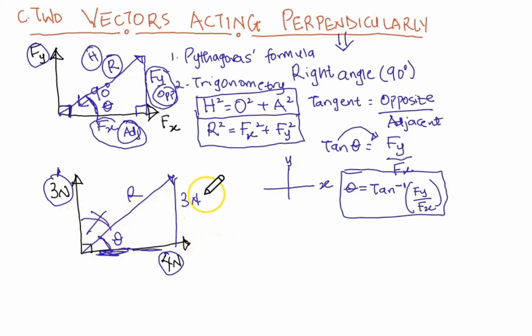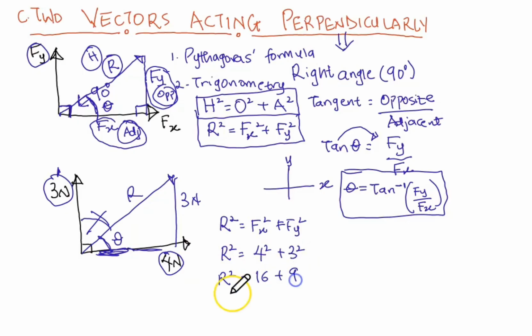So now let's calculate the magnitude. Remember your formula: resultant squared is equal to Fx squared plus Fy squared. In this case, R squared is simply going to pick Fx, which is 4 squared, plus 3 squared. So R squared is equal to 4 squared, which is 16, plus 3 squared, which is 9. 16 plus 9 gives us 25.